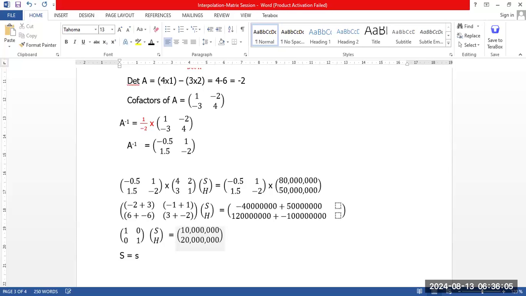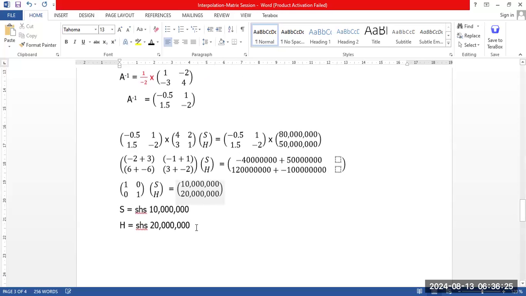S is shillings, 10 million. You are done with the number. Then your H is shillings, 20 million. And you're done, because we are looking for S and H.